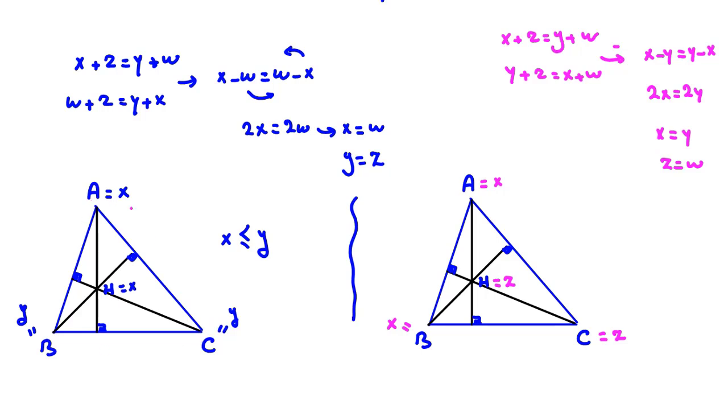If all vertices are equal, it's okay, H equal to them. If, for example, we have two different numbers, we can't have three different numbers for vertices. We can have X, X, Y or, for example, X, Z, Z, and then the orthocenter equals the thing that is left. The thing that is left can be greater than them, like here Z is greater than or equal to X. For example, if Z and X are not equal, Z greater than X. Here, Y, Y and X is less than Y.